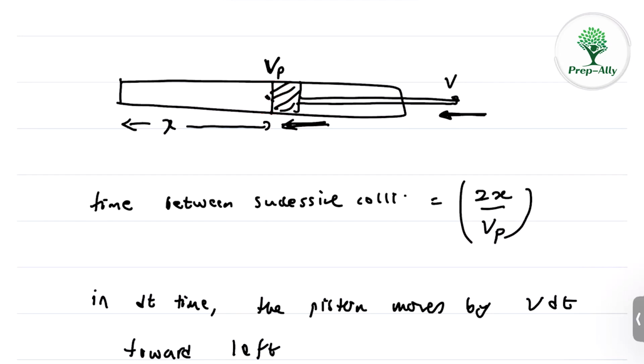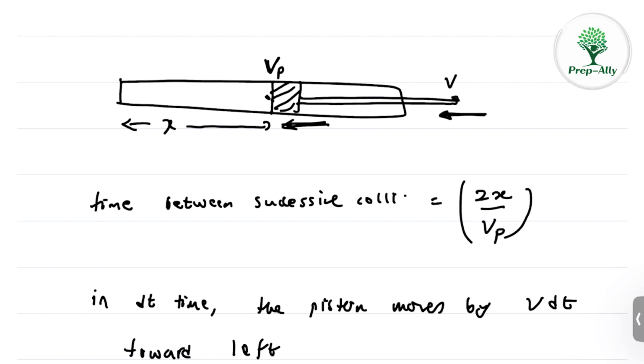So if right now after one collision the ball's velocity is Vp, then it has to cover x distance towards left and then go back again the x distance to once again collide with the piston. So it has to go x backward and x forward with the velocity Vp. So time taken will be 2x by Vp.